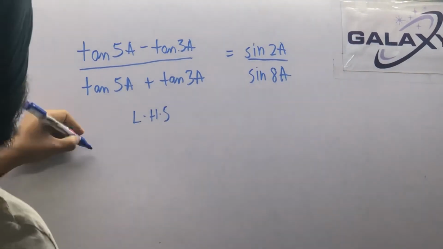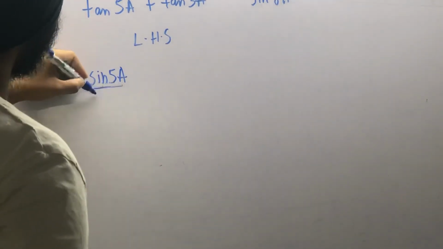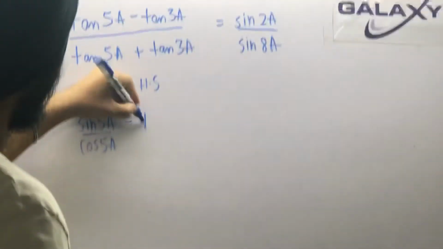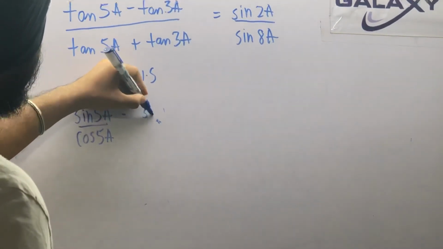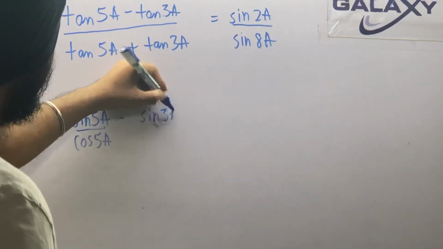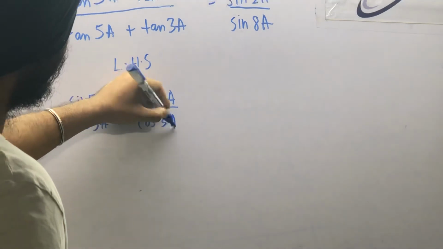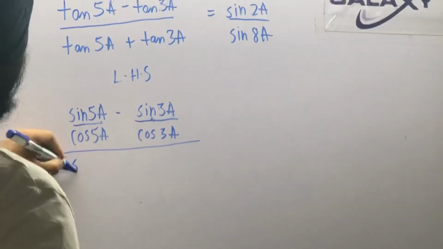So tan 5a will be sine 5a upon cos 5a, minus tan 3a, and you can write as sine 3a upon cos 3a, upon tan 5a, again sine 5a.